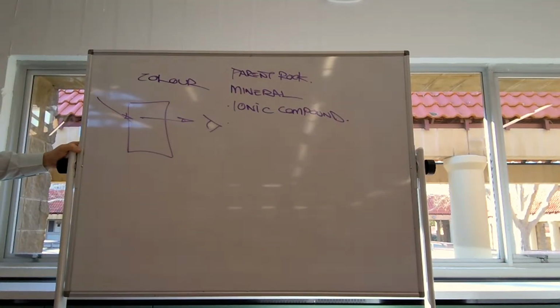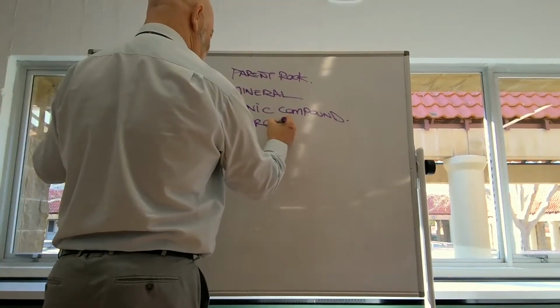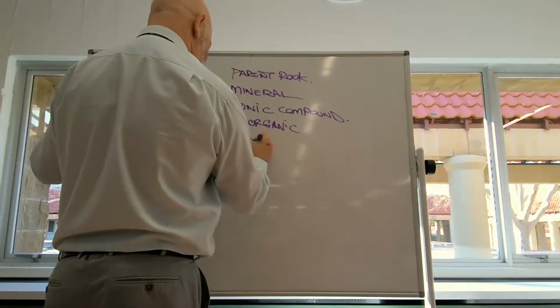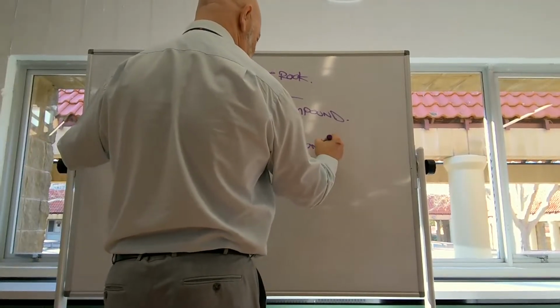Do you need a clue? It means not organic. Right, if I was not capable, I'd be incapable. Inorganic. Inorganic, which means it's going to have a metal and it's going to have non-metals.